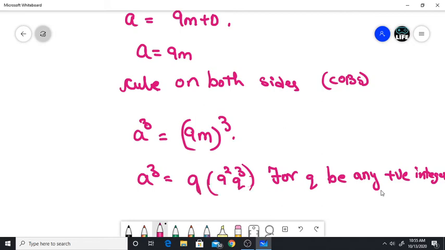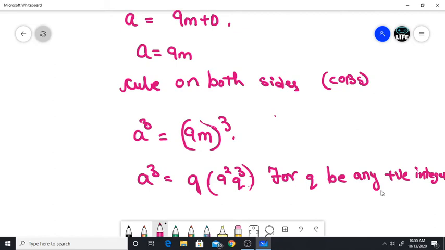See, cubing on both sides gives a cube equals 9m whole cube. A cube equals, take 9 out from 9 cube, then it gives you 9 into 9 square cube.